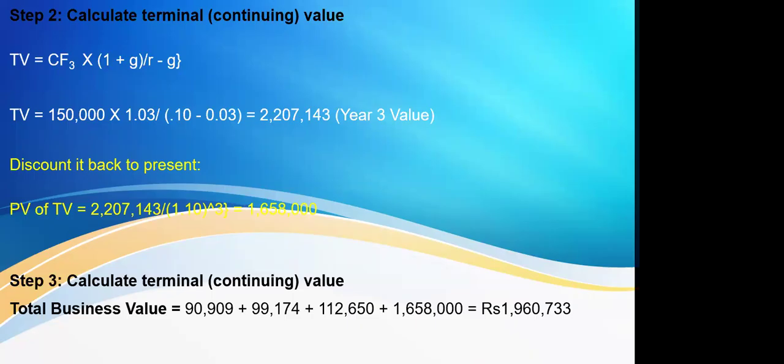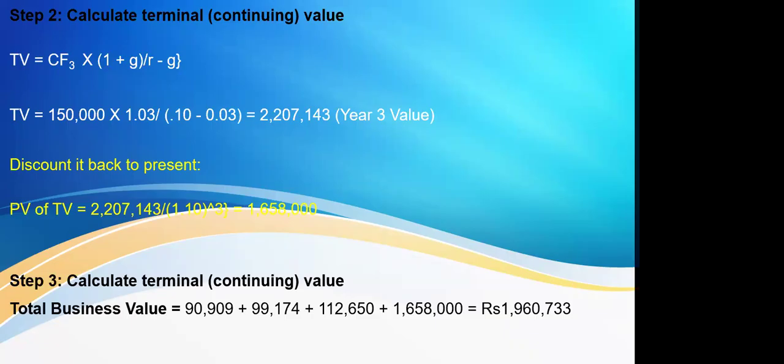1.03 divided by R minus G is a ratio, some kind of ratio. Is there a definition for this ratio? Yes, there's a definition. This growth rate is G, right? The 1 plus G means 1 plus growth rate. Now the growth rate is 3%, so 1 plus 0.03 is 1.03. Yes, that is understood. But the division portion is not understood.